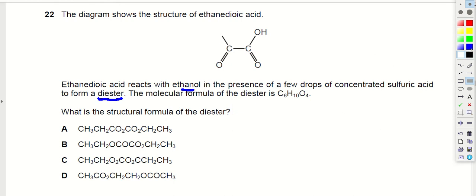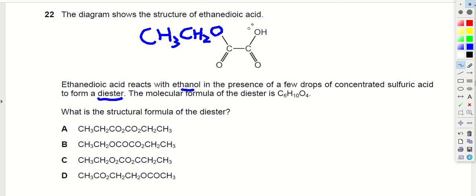It reacts with alcohol ethanol, 2 carbon. So should be O, CH2, CH3.